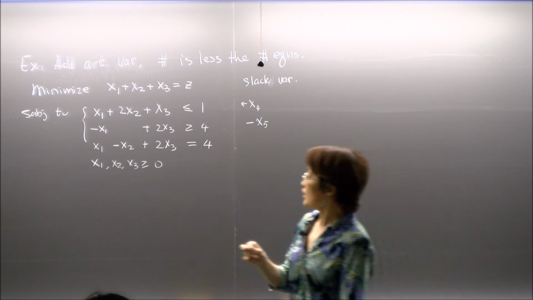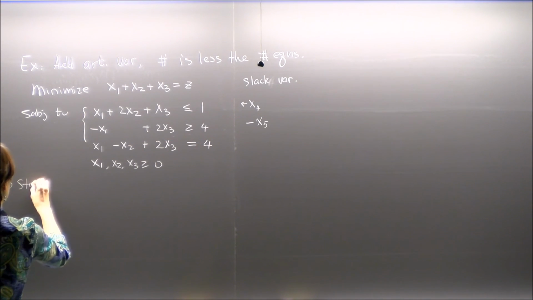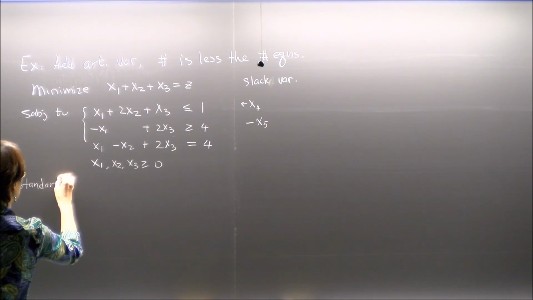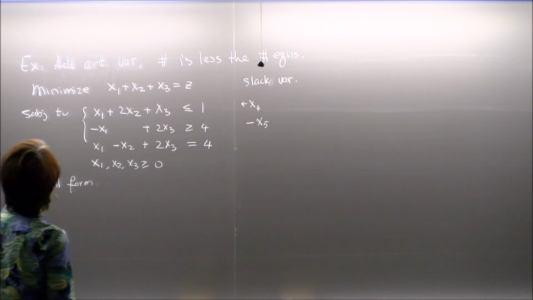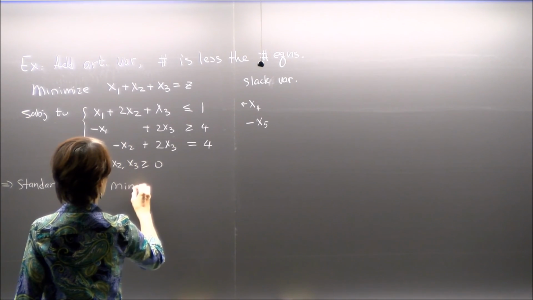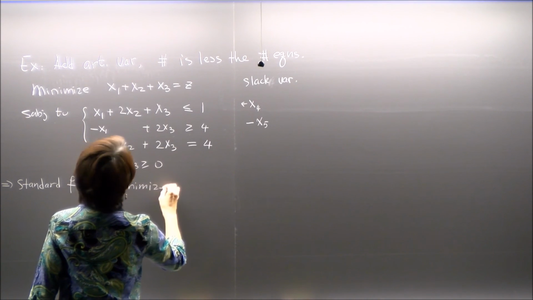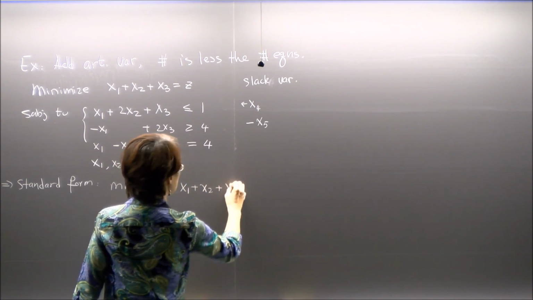All this is to make the problem in standard form. So in standard form, the minimize is the same. Let me copy it. It's so easy to copy the wrong number.